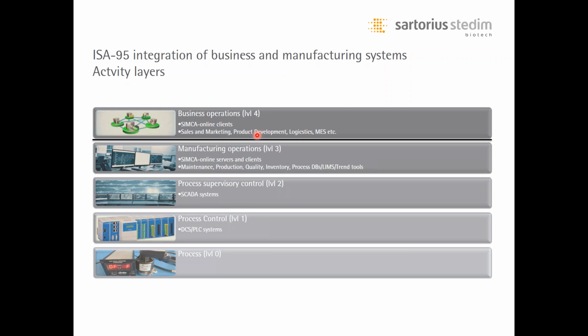And usually there can be a firewall here, because this level may, of course, differentiate different sites, for example. There could also be a firewall located here, but typically Simca Online servers reside in the manufacturing operations level 3, along with clients, and then you also are going to have Simca Online clients in level 4.